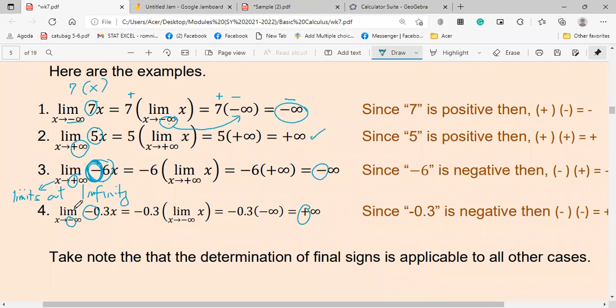That now gives you the answer. Pero paano kung nagsabay sila? Paano kung meron kang positive infinity minus infinity? Ano masasabi mo dito? Ito ay next na rule. Yun yung next na rules natin as we go through.